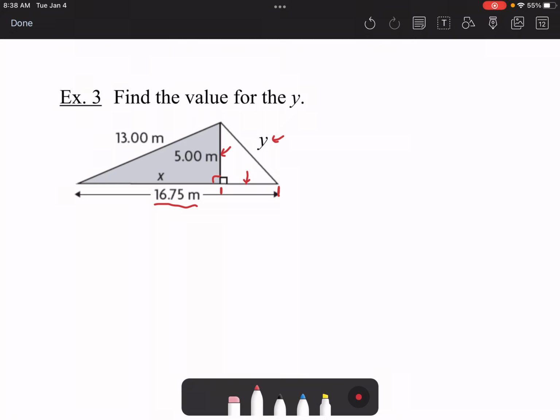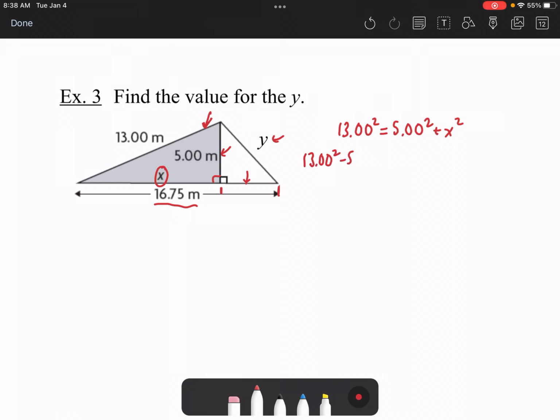But what I can do first is find this length x in that other triangle. So again, I'm going to set up my Pythagorean Theorem, and I'm going to solve for x. So I'm going to subtract off 5 squared on both sides.